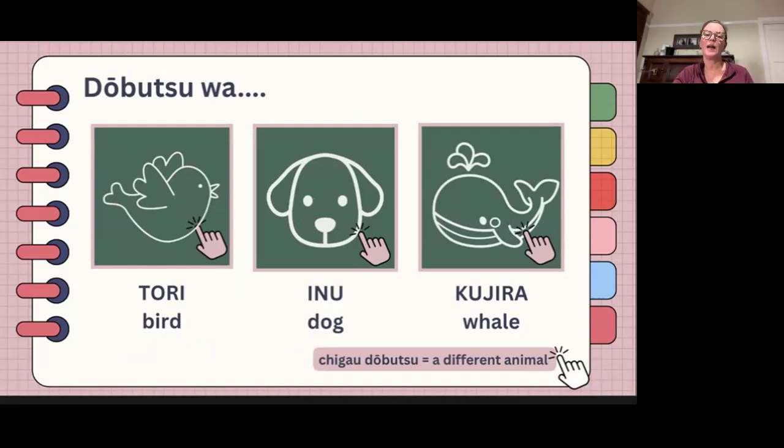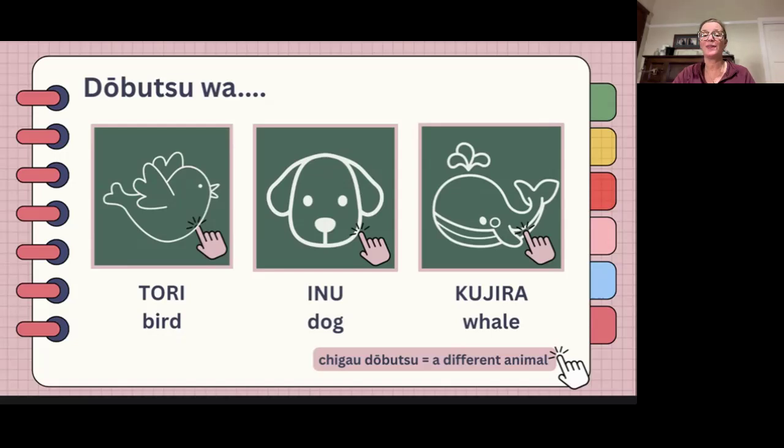So dobutsu wa, and again, we're just giving another opportunity for the students to cast their vote and give a little bit more specific information about what type of animal. 動物は鳥ですか？犬ですか? Kujira desu ka? So you can hear that there are lots of opportunities for the questioning, with support from the images and the translations there too.